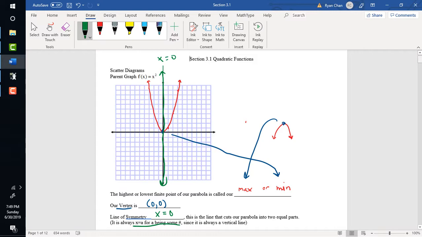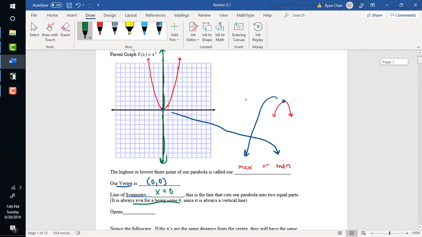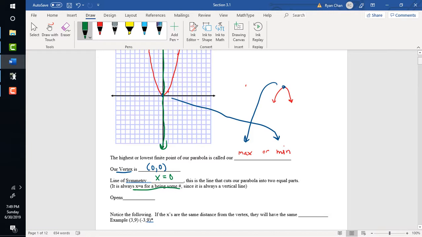Let's talk about some other basics for a parabola. We know that it also opens up. An important thing is if the x's are the same distance from the vertex, and when I say same distance, I'm talking about horizontal distance, they will have the same y values. So what do I mean by that?